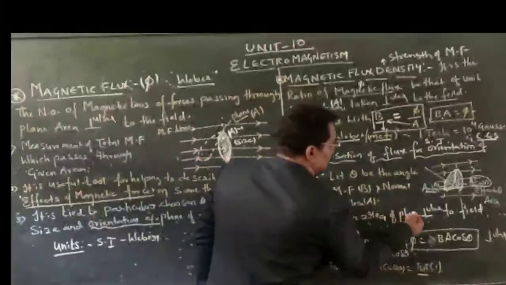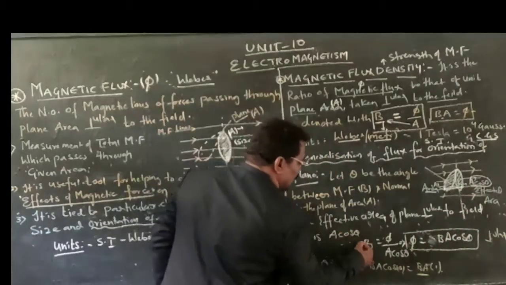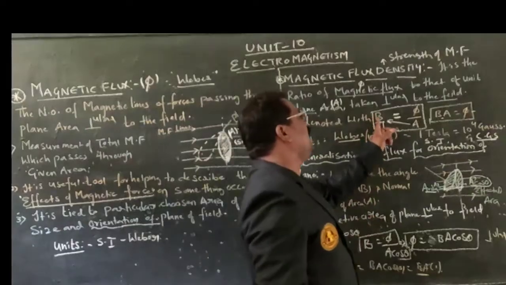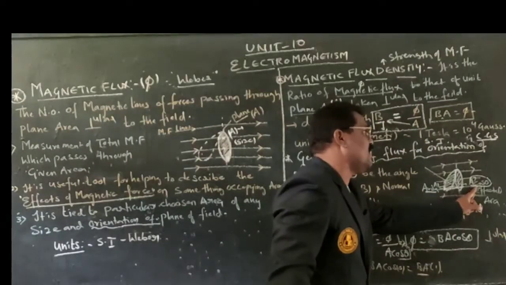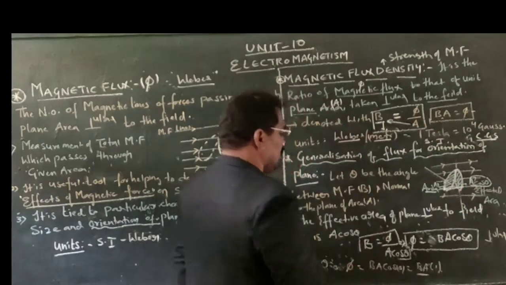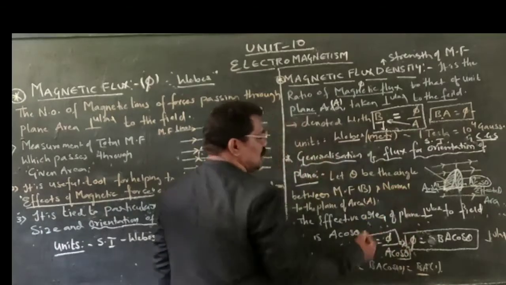The affected area of the plane perpendicular to the field is what? From the formula we had, magnetic field density B is equal to phi by A. But the effective area is A cos theta. Therefore, B is equal to phi by A cos theta.